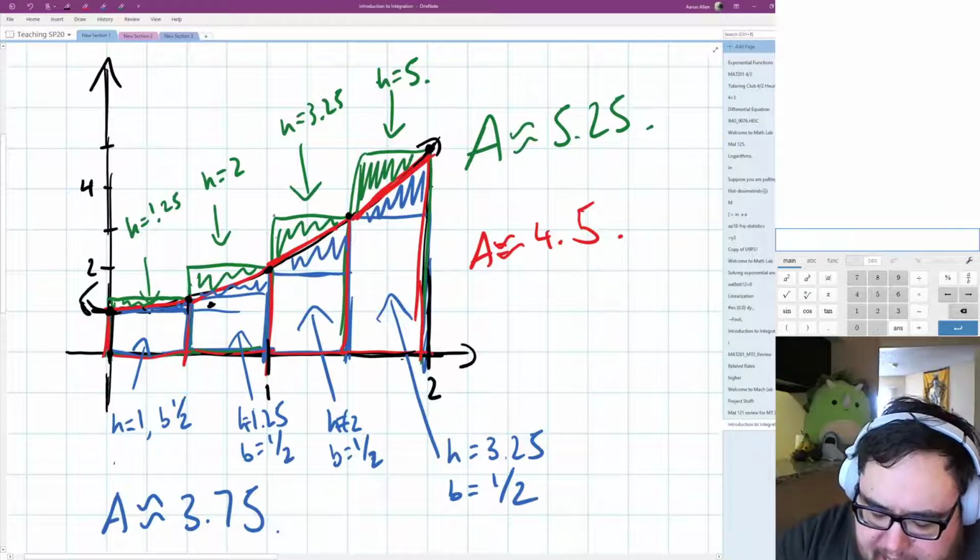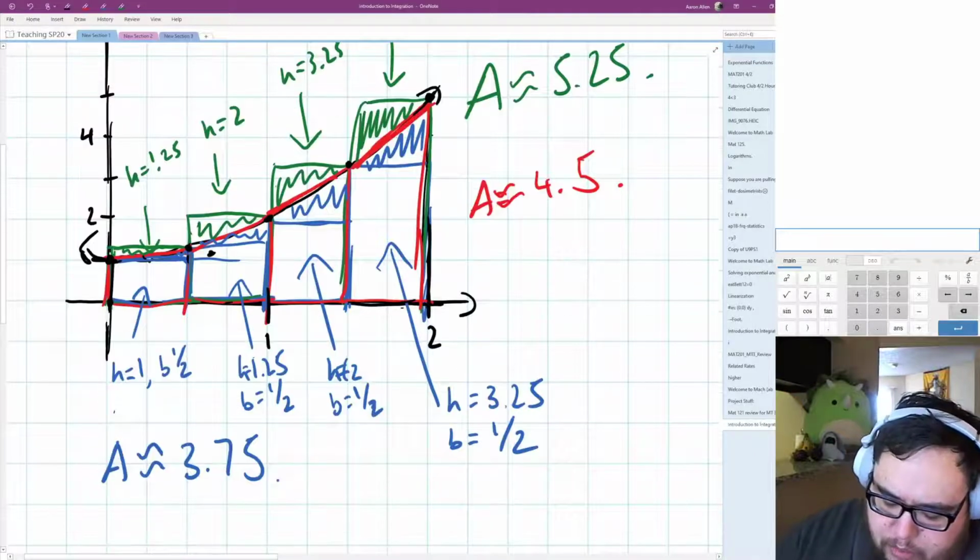I think the thing we actually need to do is to make more rectangles.